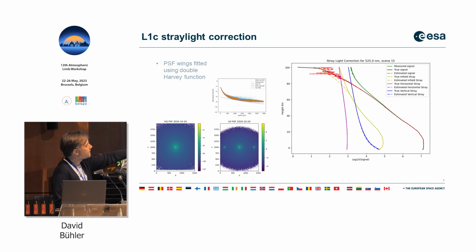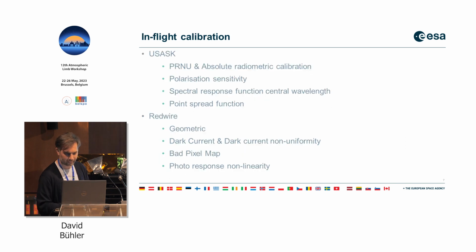So what you would see in L0 is this green line, and then after the correction you will get to this red and black line, and you can see here that we use a combination of this extended PSF in order to perform a deconvolution, and then we use this top part in order to estimate the radiance coming from the ground. And what we can see in the scenes that we have available to us at the moment, the simulated scenes, this methodology works well, but time will tell.